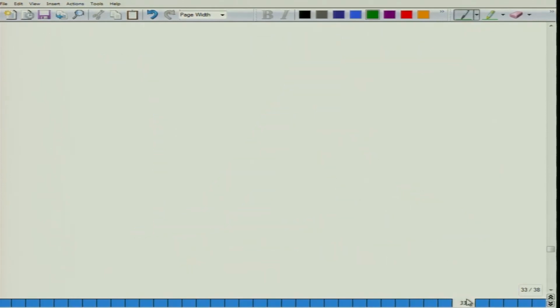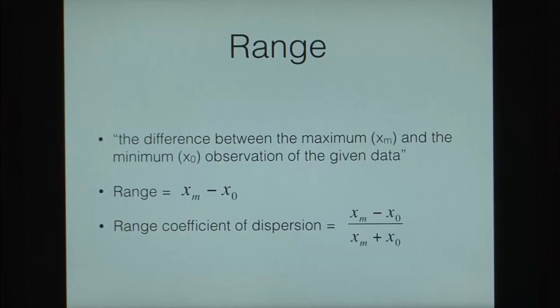So how do we get a value for dispersion? Well, dispersion is defined by several different measures, one of which is called the range. A range is defined as the difference between the maximum and the minimum value observed in a given data. We can also calculate the range coefficient of dispersion, which is given by dividing the range by the sum of the maximum and the minimum values.